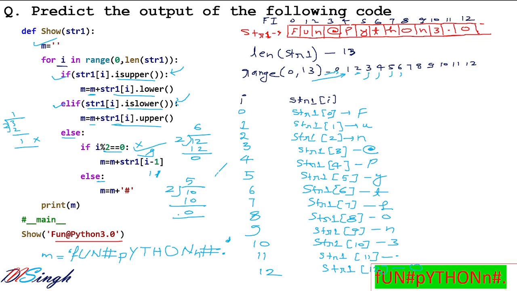Let us see the final output. I hope f small u and capital has small p y t h o n capital small n then has then dot. So that is the output. I hope you people are getting what I am explaining. Remember, you have to keep patience while solving such types of questions.